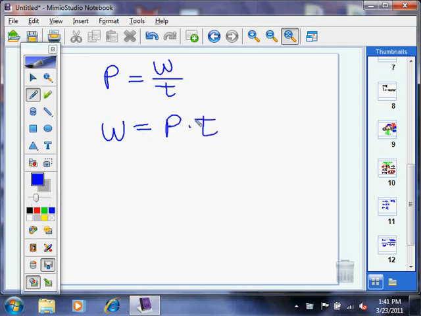Solve for work, bam. Now you know how much energy was used or how much work was done. Too easy. Now once again, people like to combine things and whip things up. And since we had three formulas for power, this work formula could be rewritten three more ways.